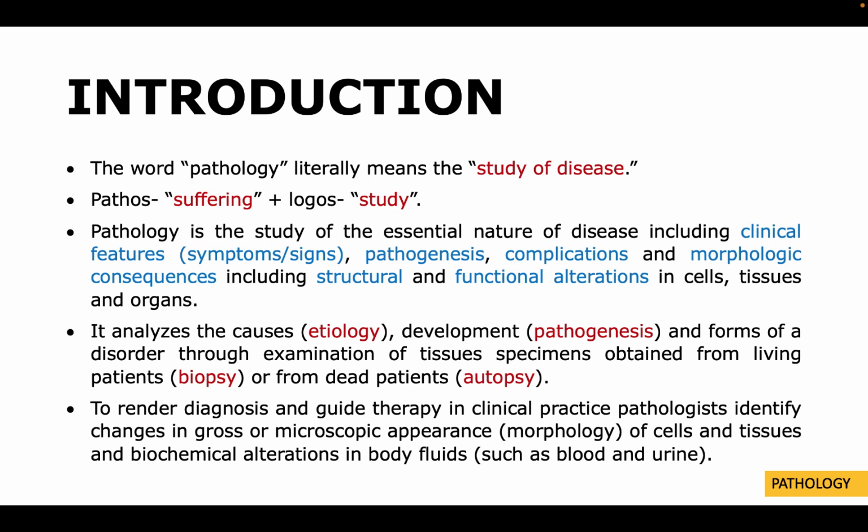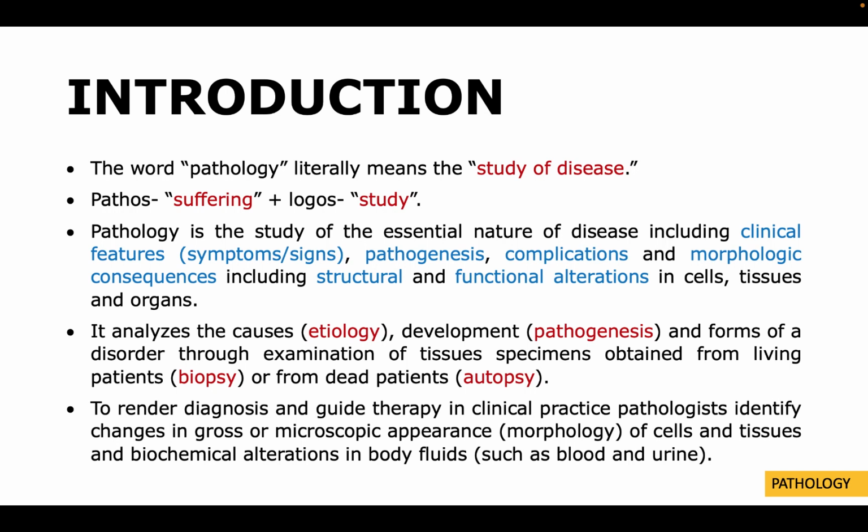So it's going to be analyzing what we call the etiology, which is simply the cause of a condition, the development, which is pretty much the pathogenesis of a condition, and how it's going to be affecting certain changes in certain tissues, certain changes in certain organs, and these organs could be examined by taking a sample from living tissue, which we call a biopsy, or a sample from dead tissue, which is done during autopsy.